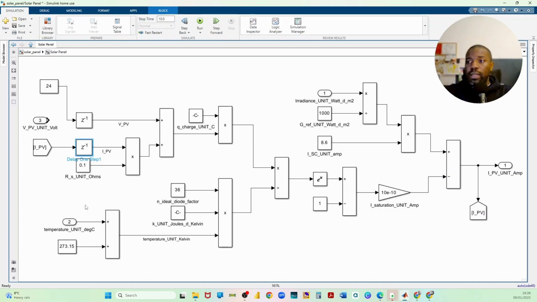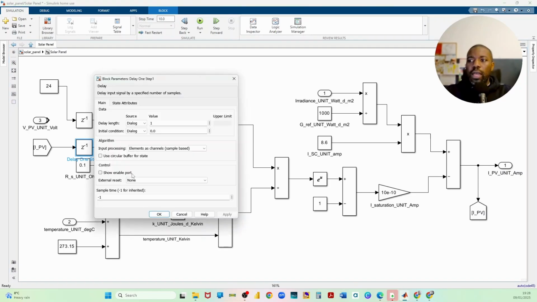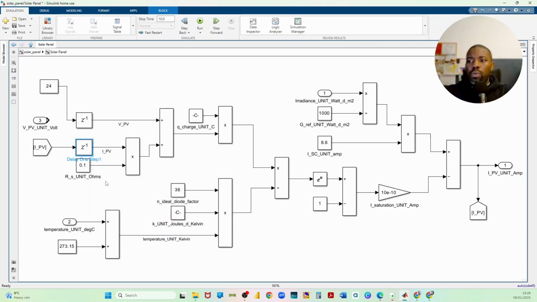A delay is essentially saying at the start of the simulation, I need some initial condition. And in this case, this delay would initialize, and if I were to open it, you will see it will initialize with a condition of 0, which means when we pass through from left to right, because that's essentially how Simulink works, every input goes from left to right and computes.